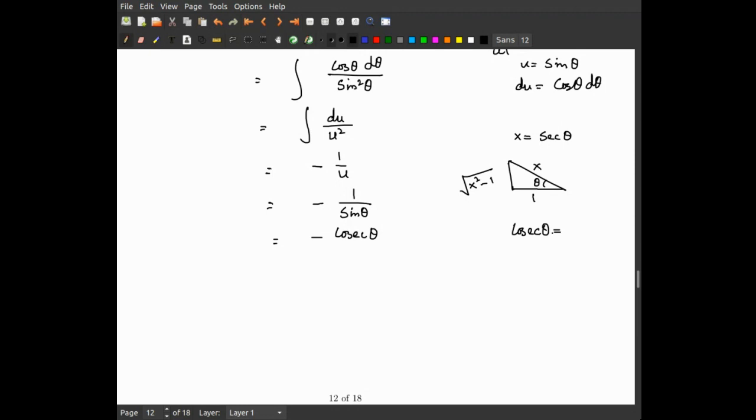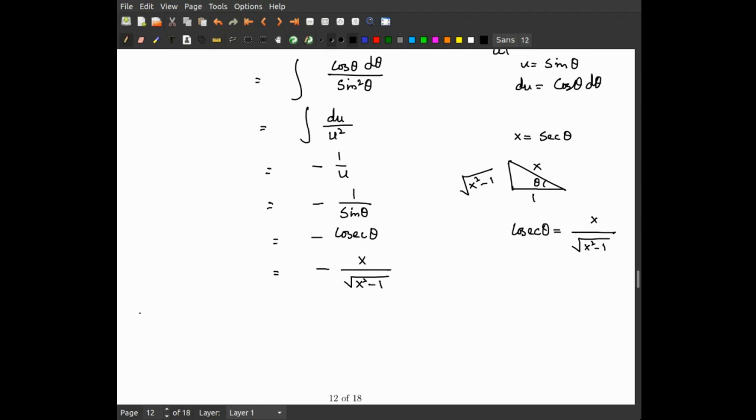Cosec theta is hypotenuse by, right? Good. This one is right. Cosec theta is hypotenuse by opposite. So that means this would be x divided by square root of x squared minus 1. We know cosec theta. Let's go back. So that means this is negative x divided by square root of x squared minus 1.